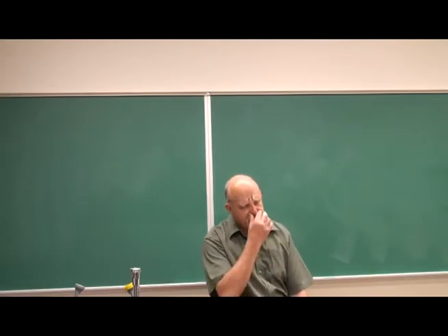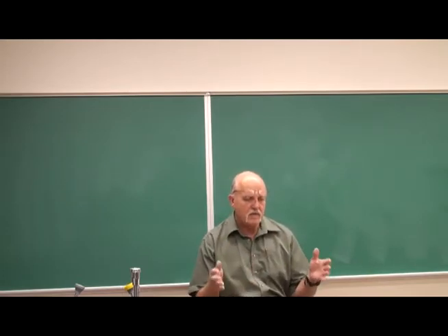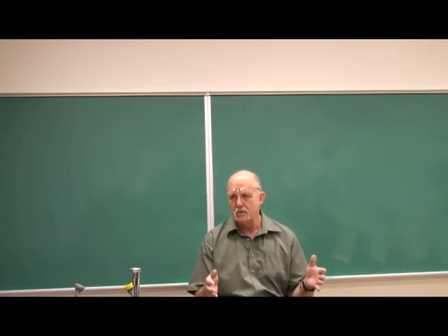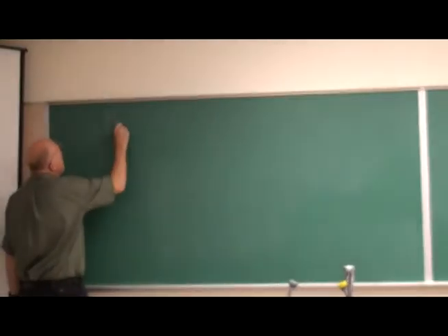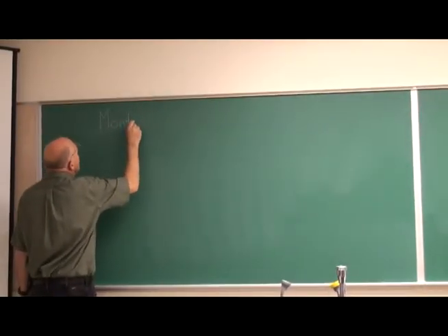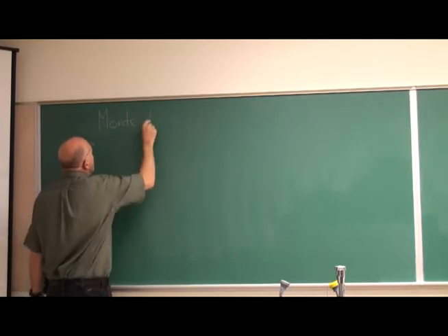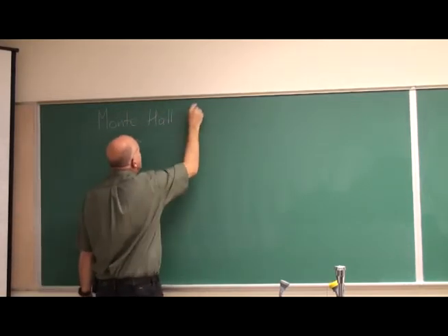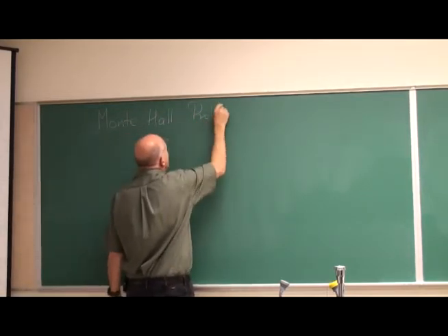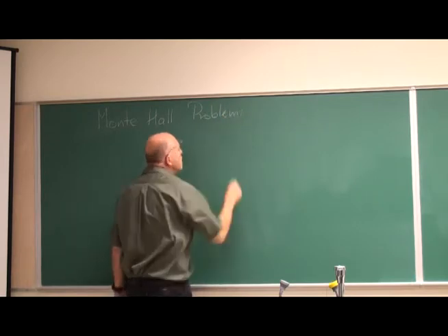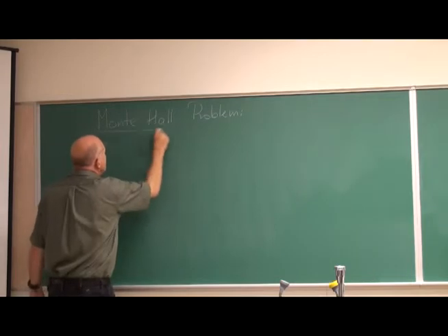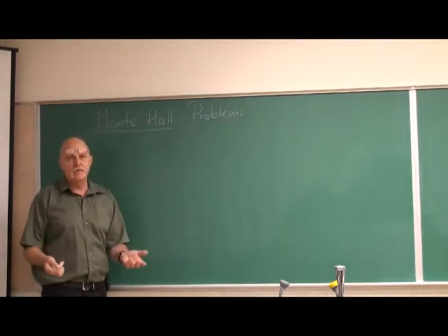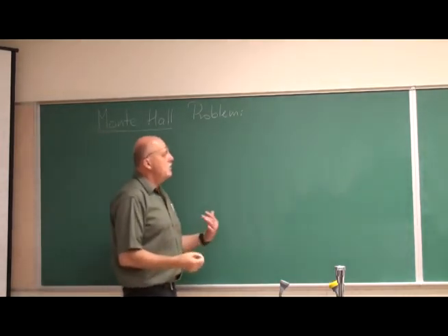The problem is this: there's a television game show called the Monty Hall problem. It's a television game show, and this guy, Monty Hall, is the host of the show. The show goes like this.